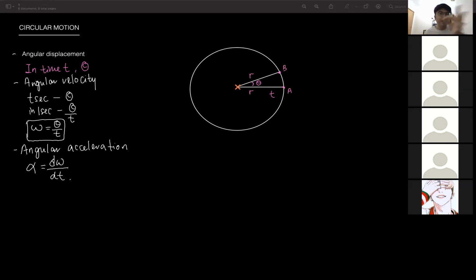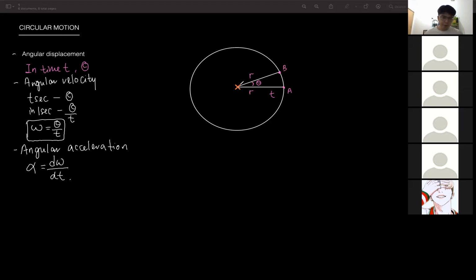So it keeps speeding up and then it spins very fast. That is an example of angular acceleration. The time it takes for each spin becomes shorter and shorter, so it spins faster and faster. With no angular acceleration, the spinning stays the same. So that is angular acceleration.